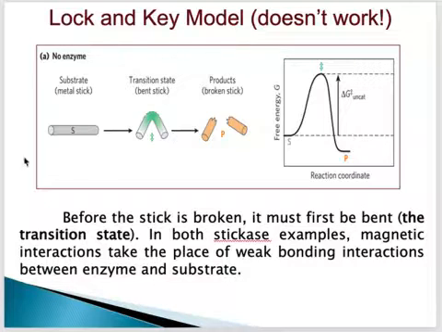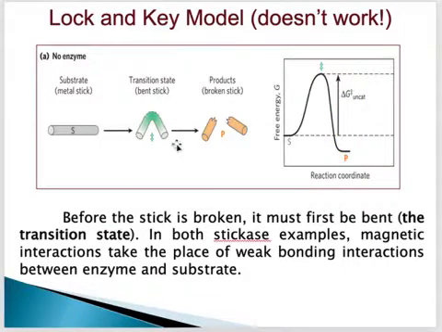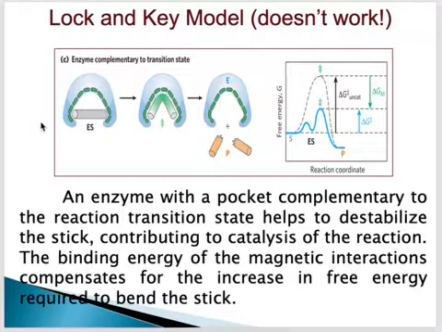Now if we want to catalyze this reaction with an enzyme, we'll use an enzyme. But the original form of this substrate is not perfectly complementary to the active site of the enzyme.